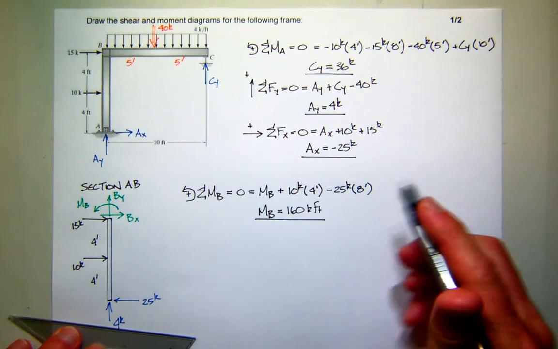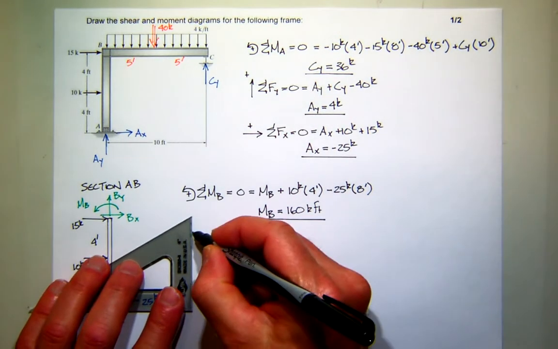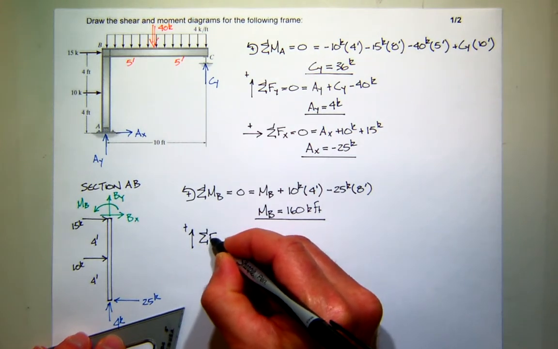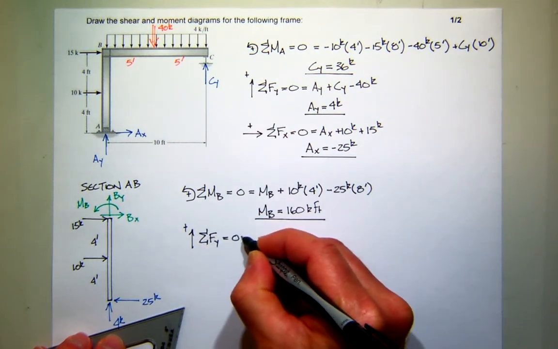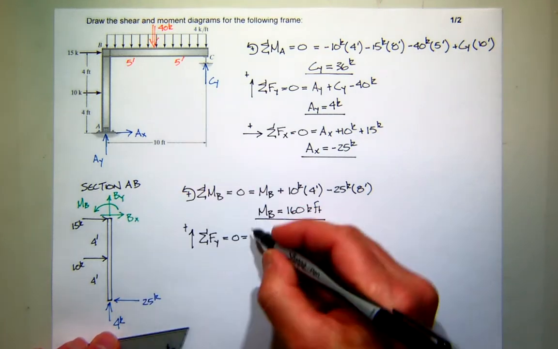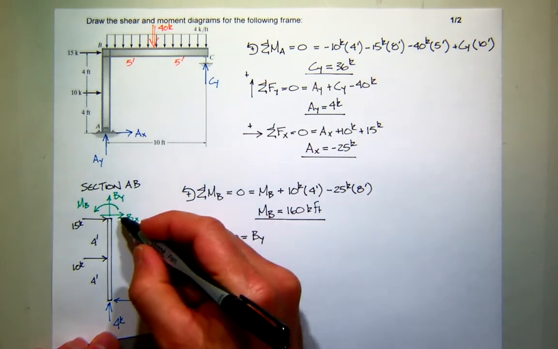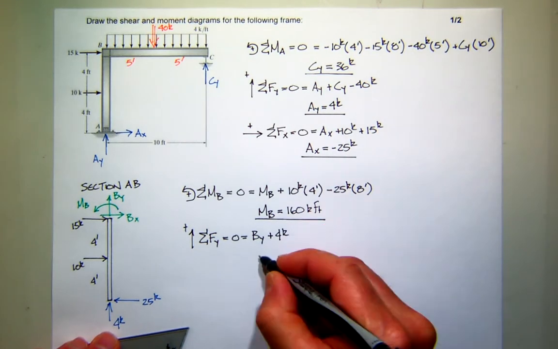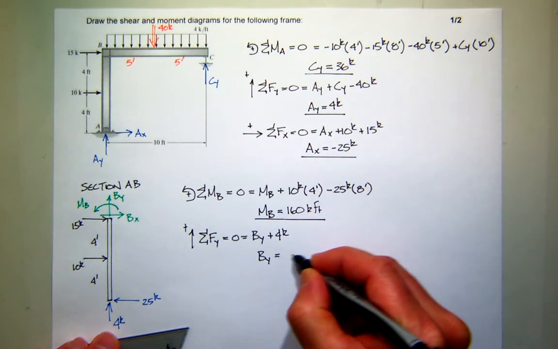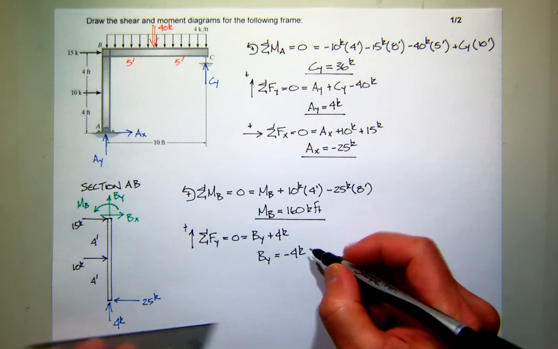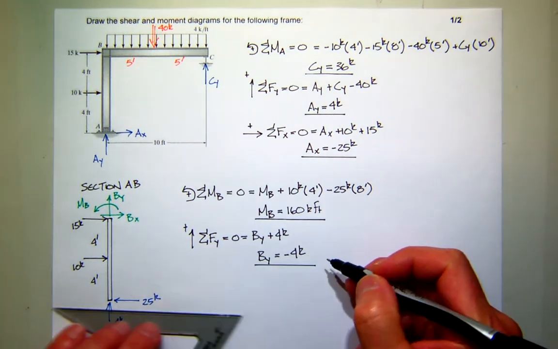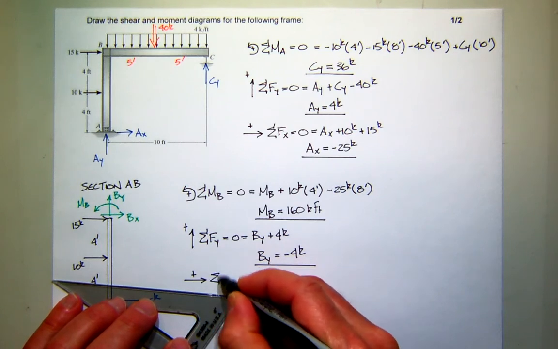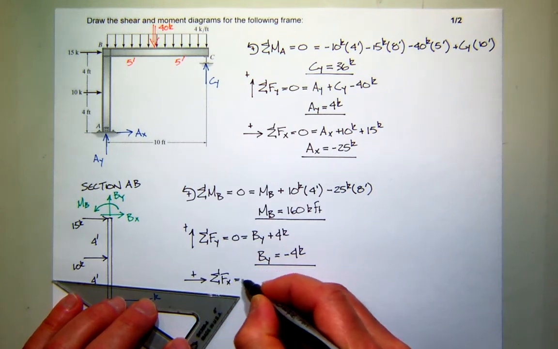Okay? Now what? Let's sum forces. So if I sum forces in the y direction, make sure we have equilibrium. What do I have? I've got BY acting up and 4 kips acting up. So it looks like BY is negative 4 kips. That wasn't so hard. And then sum forces in the x direction. Make sure they're in equilibrium.